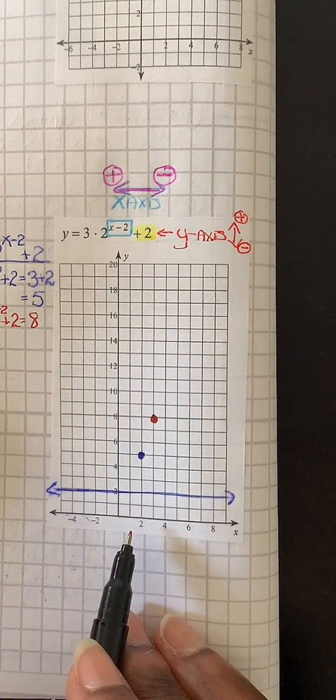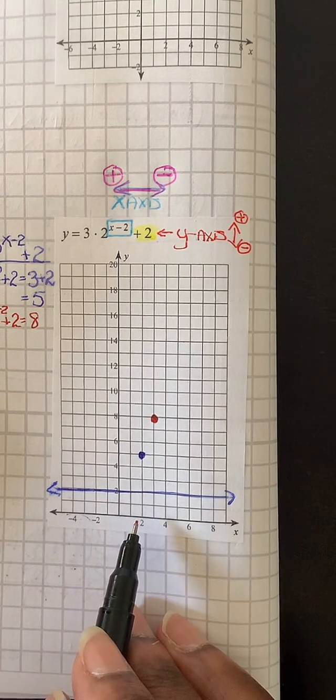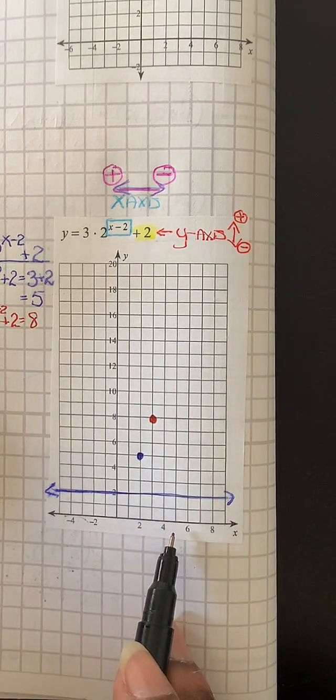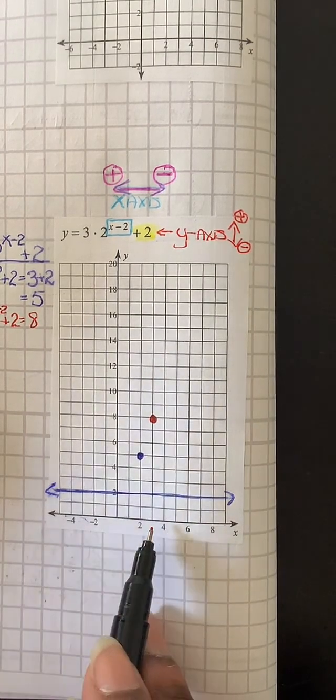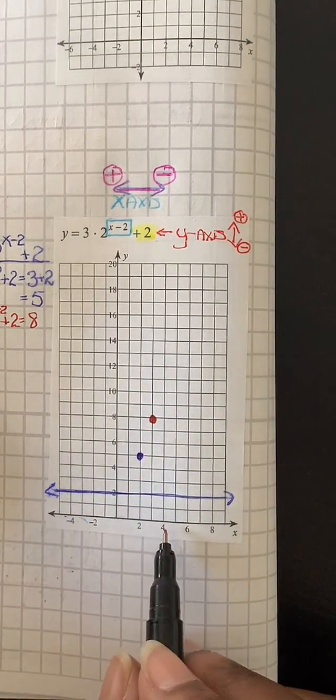Because if I try to do 1, it's going to give me a fraction. And I know how much you guys love fractions. Being sarcastic.